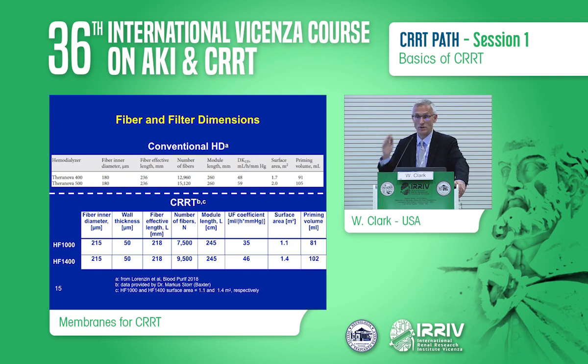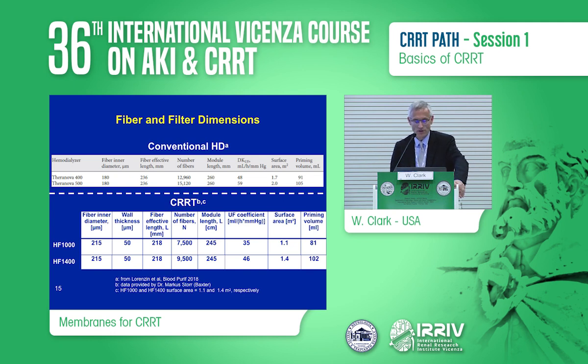So what that meant, going back to the equation that I showed before, was developing filters with relatively large inner diameter lumens, and also filters that had relatively short fiber lengths. Again, with blood pumps now universally part of CRRT systems, those considerations have fallen by the wayside.